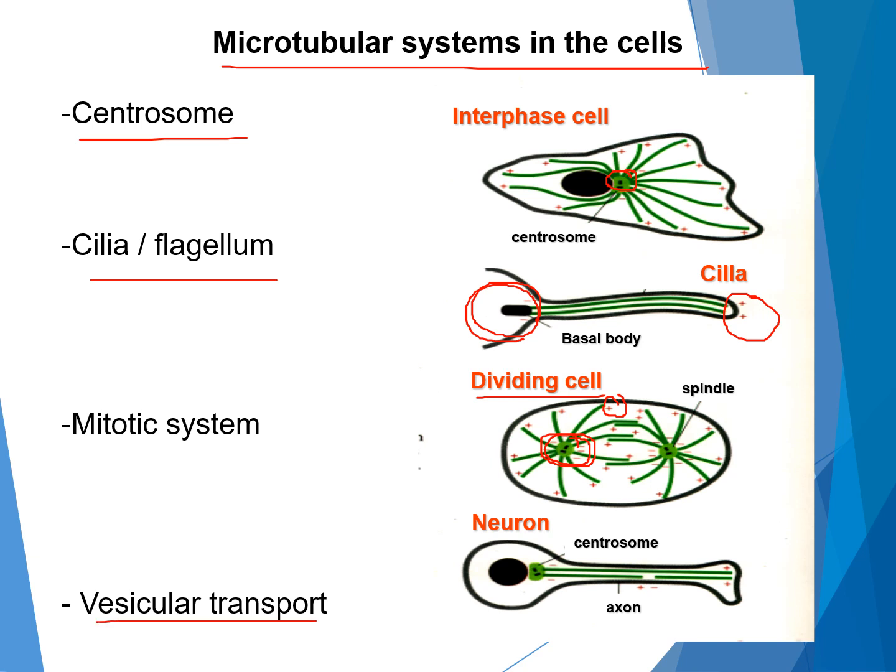And the vesicular transport always happens in the neuron when they have to bring the vesicle with the neurotransmitter from the body of the neuron through the axon, and then end at the dendrites of the neuron cell. The minus end is at the centrosome and the plus end is near the synapses at the dendritic feet.